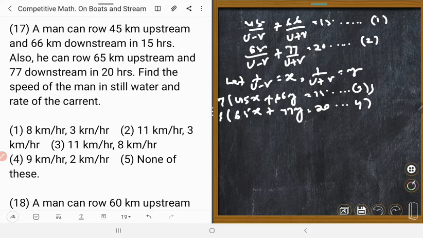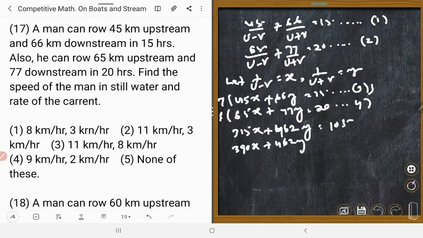That is 315x plus 462y is equal to 105. Similarly, 390x plus 462y, look at the blackboard, is equal to 120.